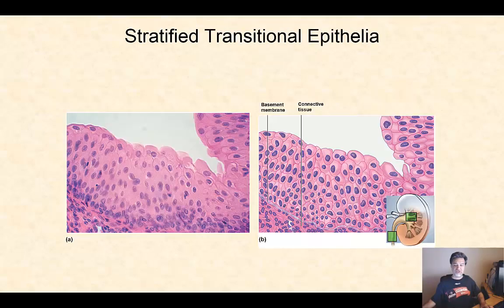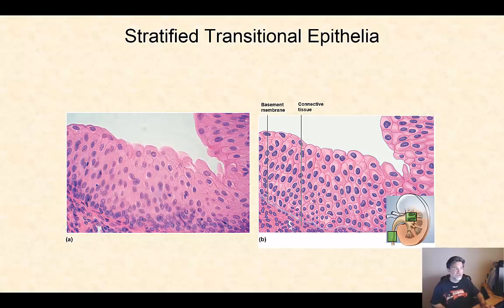How about transitional epithelia? Transitional epithelia is unique to the bladder and to some extent the urethra as well. The ureter. And so transitional epithelia looks very similar to the stratified squamous. But on a lab practical or a lab quiz, I would caution you, try to figure out features here that clearly demonstrate a difference between transitional epithelia and stratified squamous.